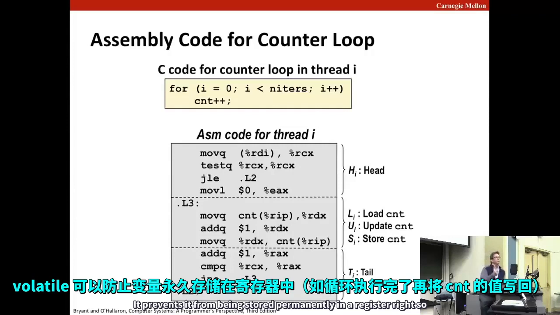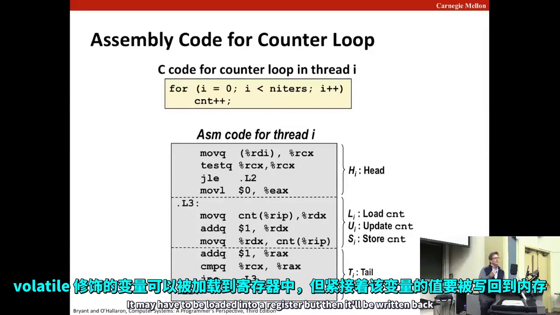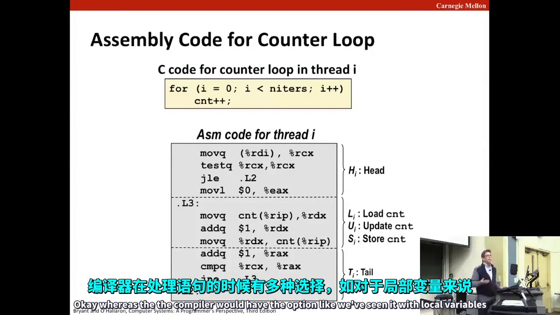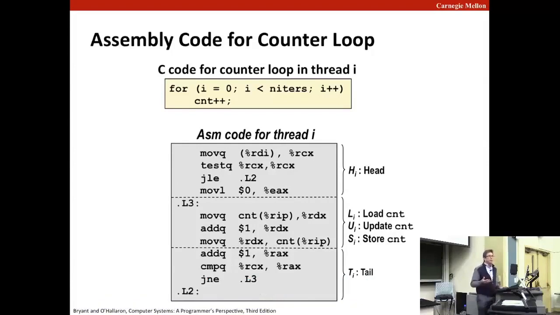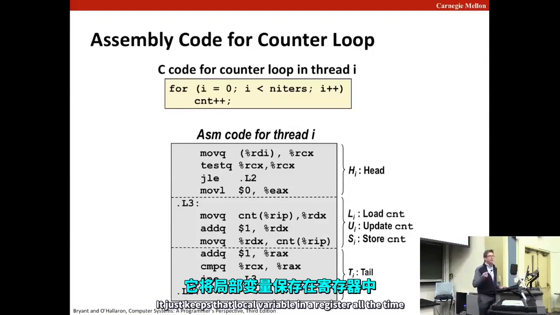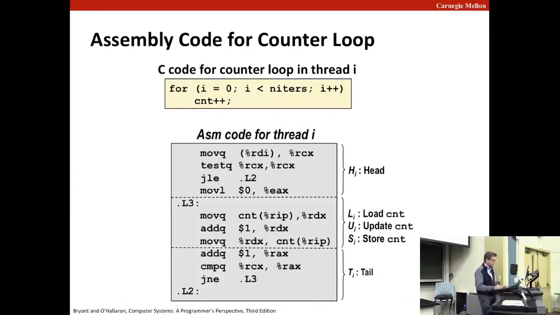It prevents it from being stored permanently in a register. So it may have to be loaded into a register, but then it'll be written back. Whereas the compiler would have the option, like we've seen with local variables, where it never allocates stack space and just keeps that local variable in a register all the time. The volatile attribute prevents the compiler from doing that.